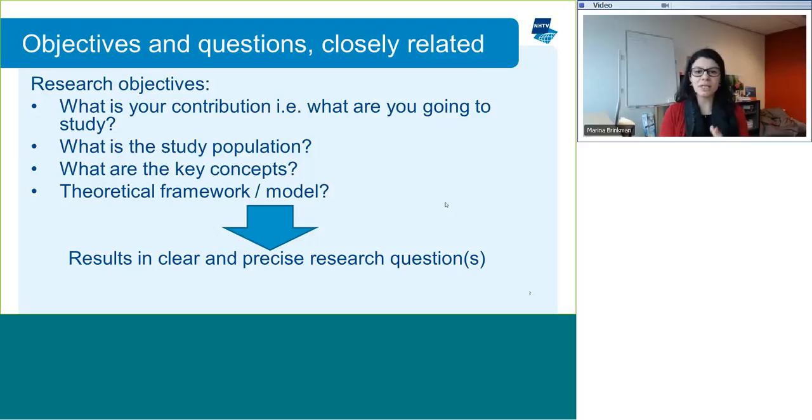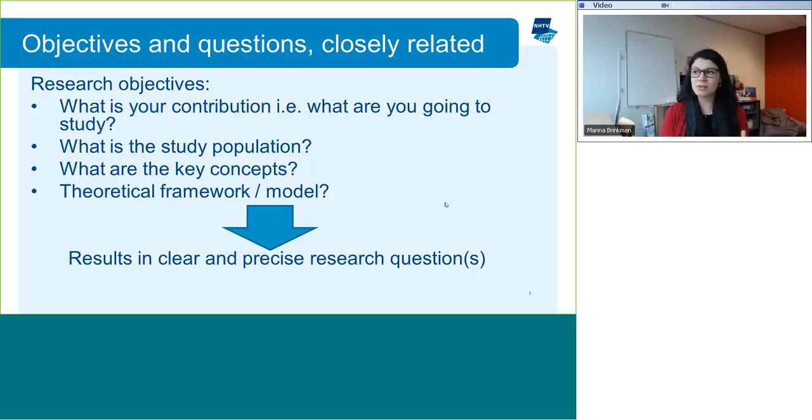There's a diversity in concepts that you are dealing with, and maybe at this stage you already have a model or a theoretical framework which helps you to view that problem, which helps you to create a lens and think of the concepts you're interested in from that theoretical perspective.